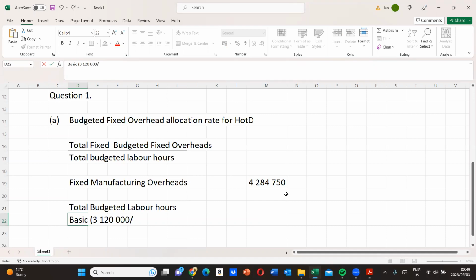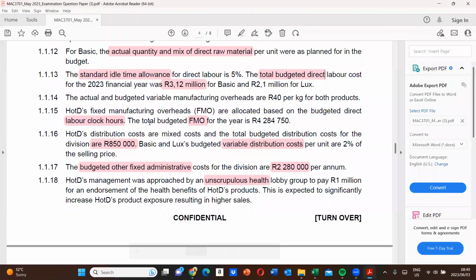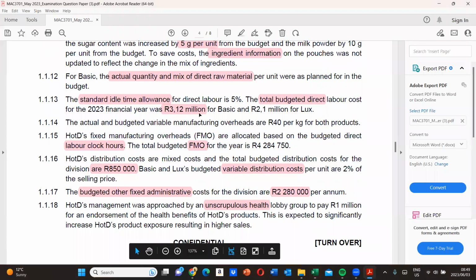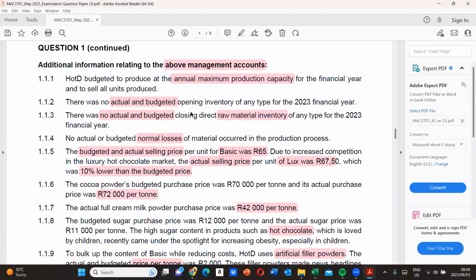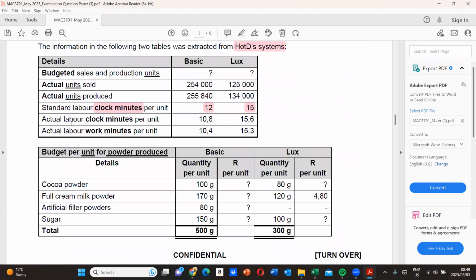That is what we have, and then we divide that 3.12 million by the rate per unit. So in this regard, how much are we paying per unit? So they're paying 4 rand. That is paid.